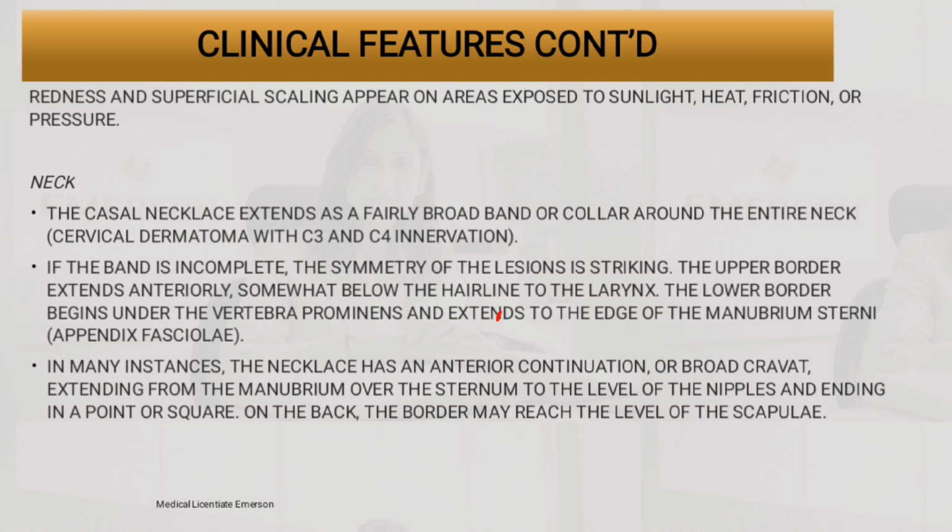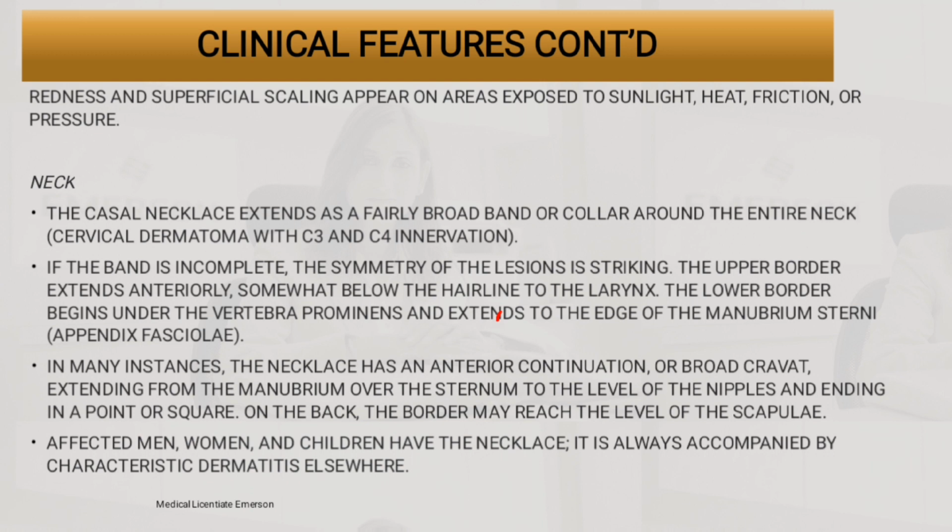Then in many instances, the necklace has an anterior continuation or broad cravat extending from the manubrium over the sternum to the level of the nipples and ending in a point or square on the back as well, and the border may reach the level of the scapula.